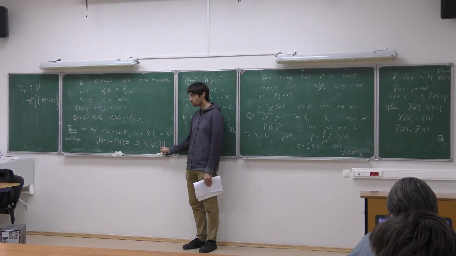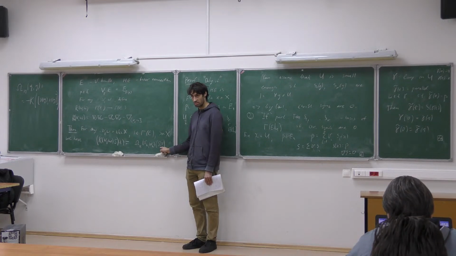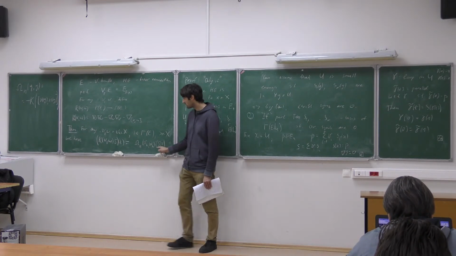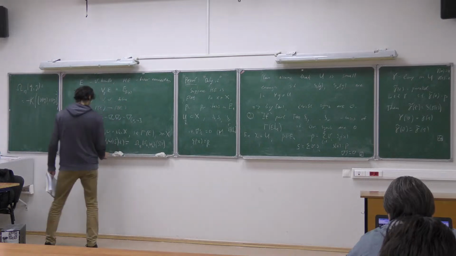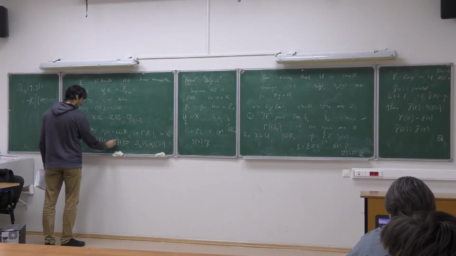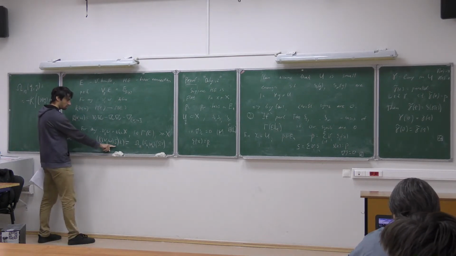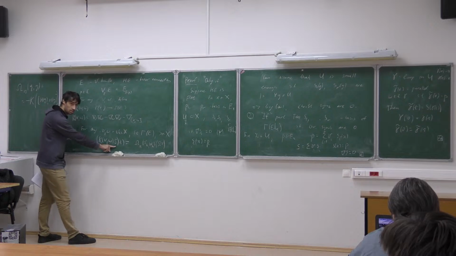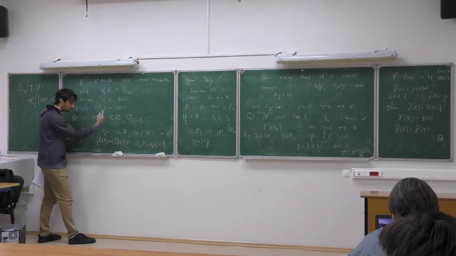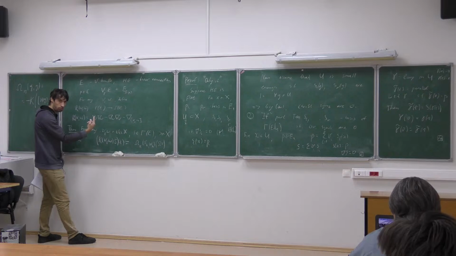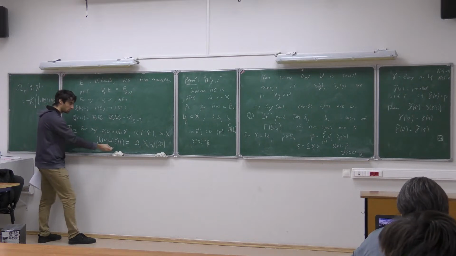But this vector is vertical. So I can identify it with an element in E which lives in the fiber over x, right?